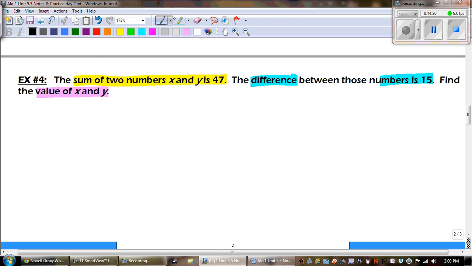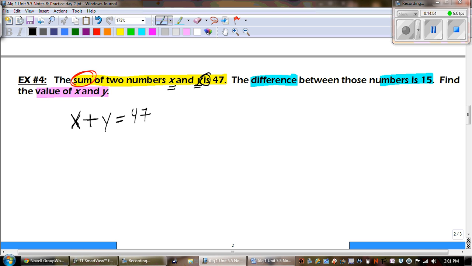Let's take a look at both of these. Now, the first one is saying sum, and sum means that we have to add. What two things are we adding? Well, we're adding x and y. Is means equals, and they equal 47.